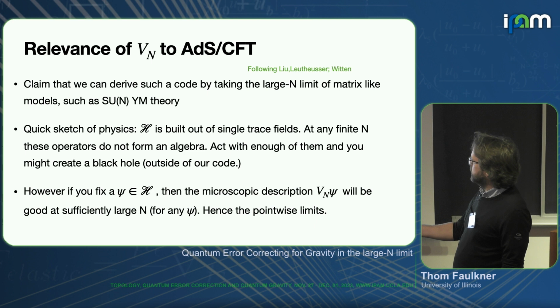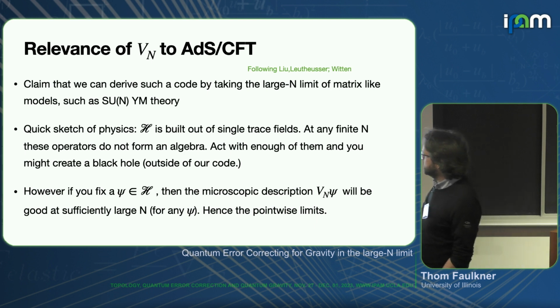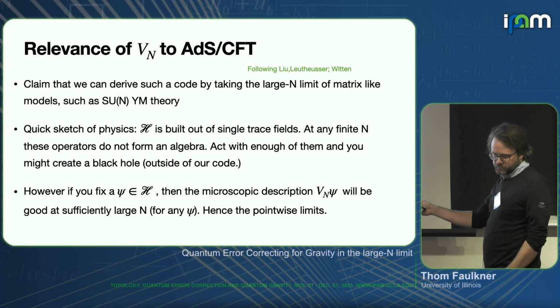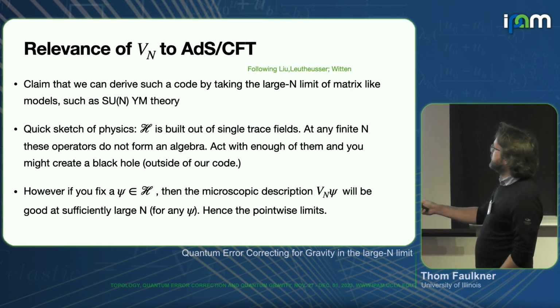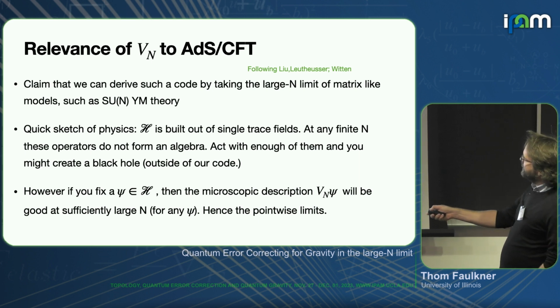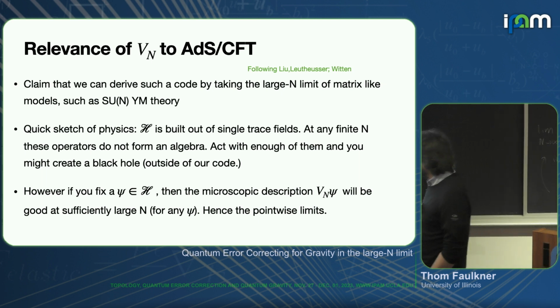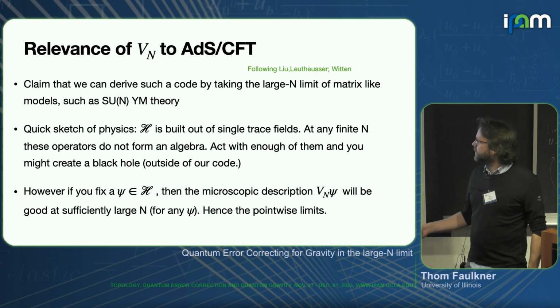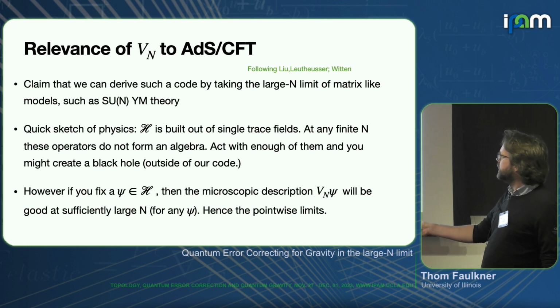And so let me give you a sketch of the physics that arises from this. So this code Hilbert space is built out of single trace fields, which I will define in a little bit. As I said, at finite N, these operators don't form an algebra. If you act with enough of them, you might create a black hole. So they're sort of outside of the code.